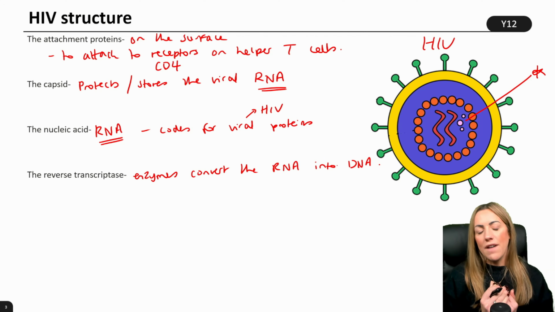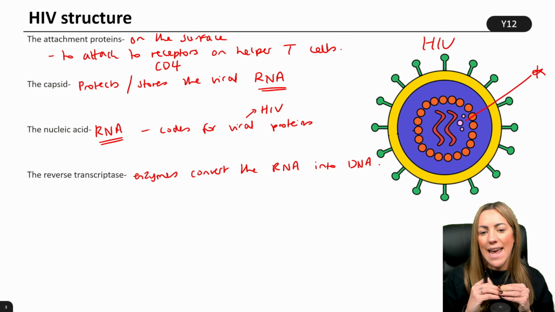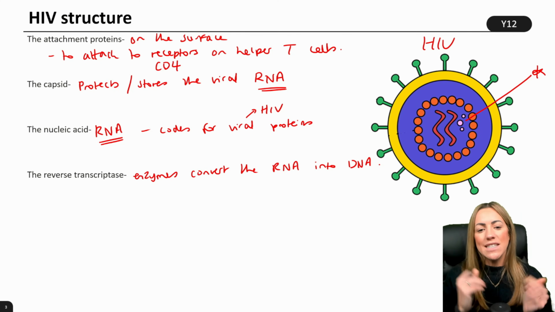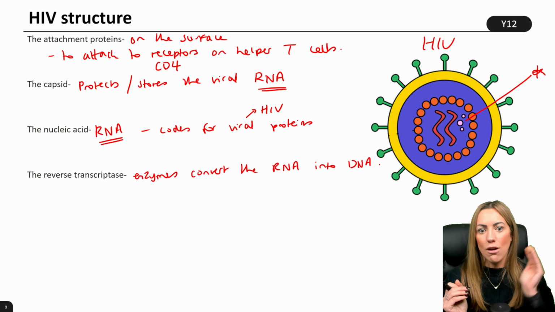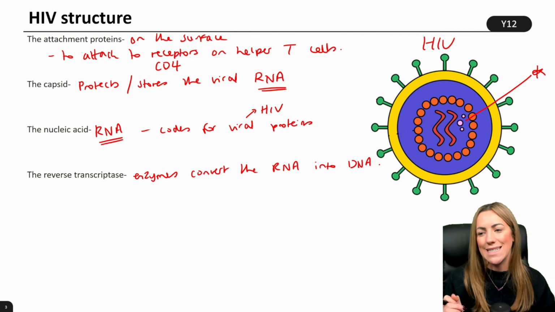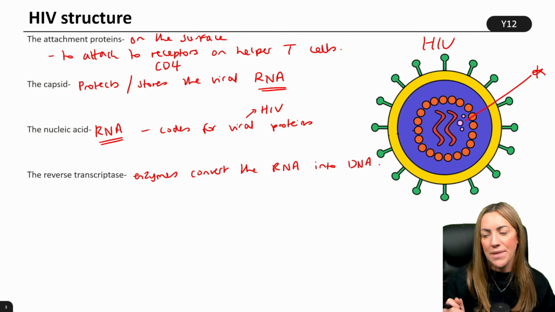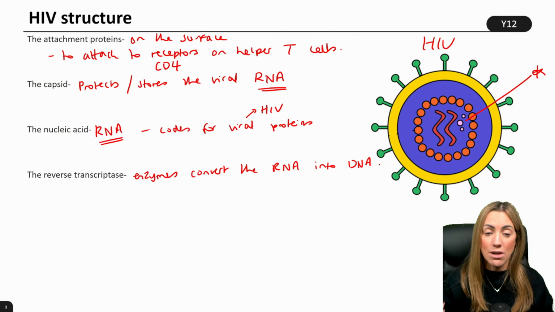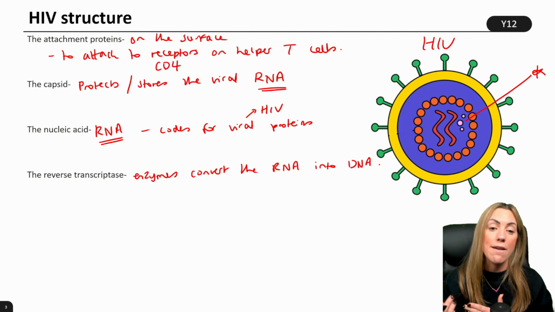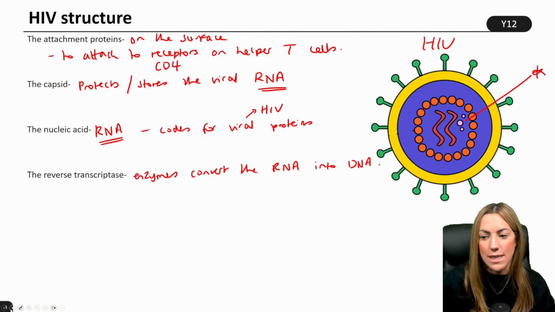Because ultimately what the virus wants to do is get its genetic material into the host cell's DNA. Now, because the host cells have DNA, HIV can't insert RNA into DNA. So it uses reverse transcriptase, the enzyme, to convert its RNA into DNA so it can be incorporated into the host cell's DNA. Now, not all viruses have reverse transcriptase because not all viruses have RNA. Some have DNA and therefore they don't need reverse transcriptase.